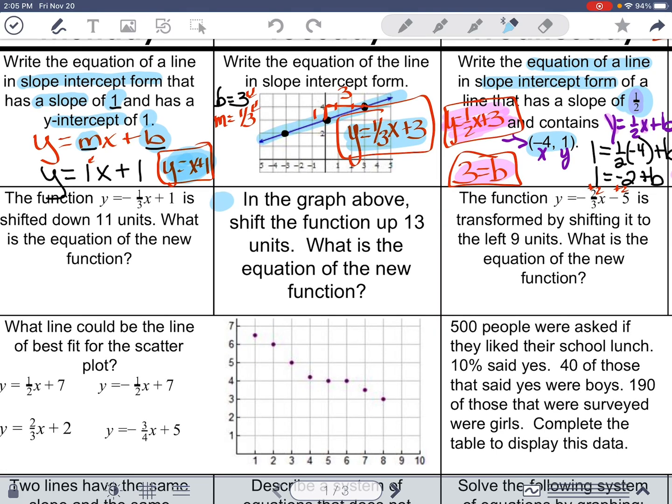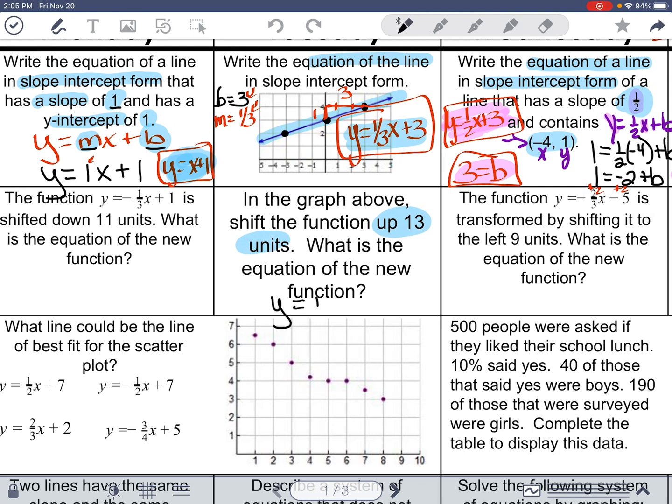In the graph above, so they're referring to the graph above, which is the one where we wrote the equation of the line. They ask you, shift the function, because it's a linear function, up 13 units. What is the equation of the new function? Well, the slope doesn't change at all.